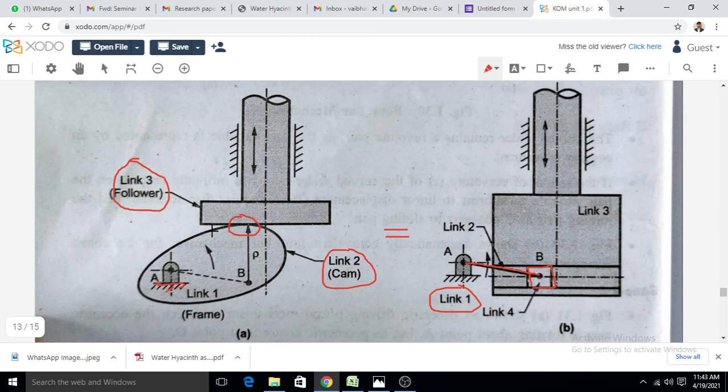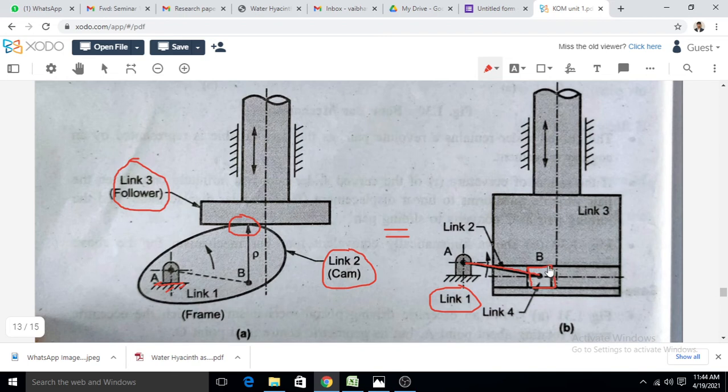Means this higher pair in figure A is converted into the two lower pair. One is a turning pair and another one is a sliding pair. Okay, and as we discussed, one higher pair is equivalent to the two lower pair and one additional link.